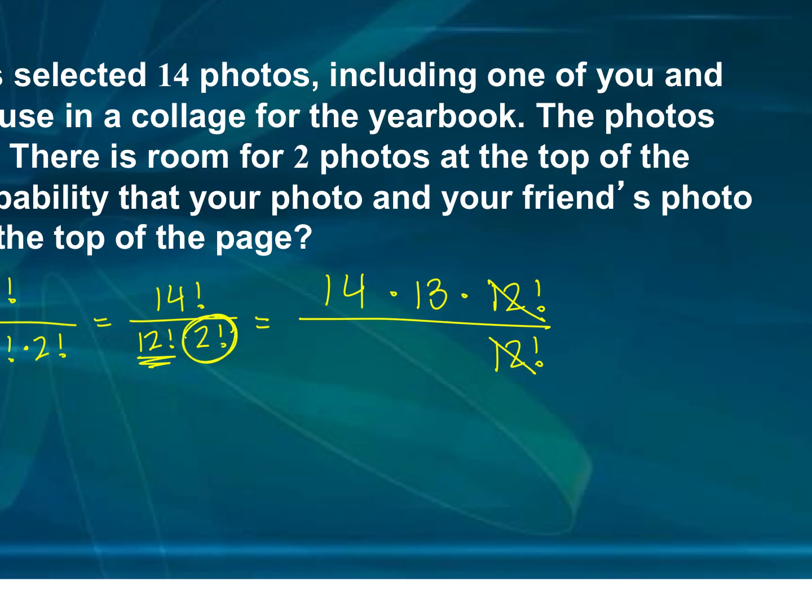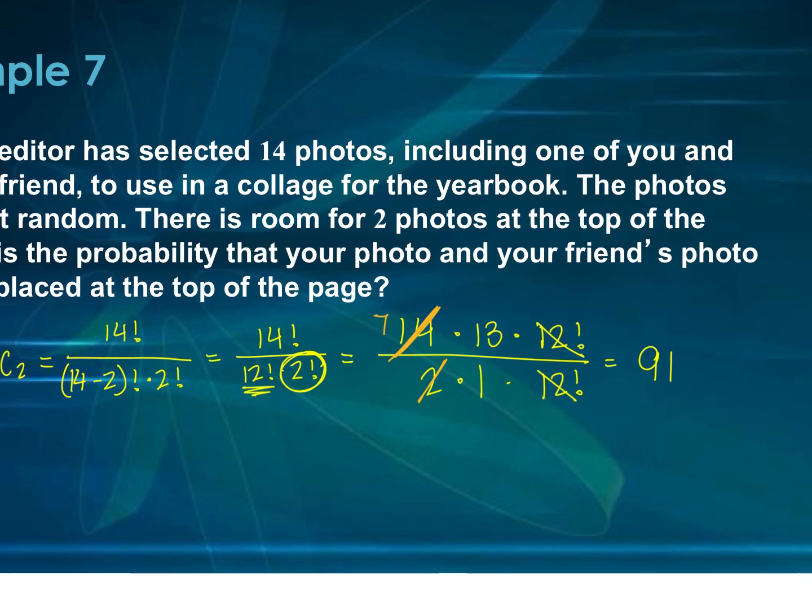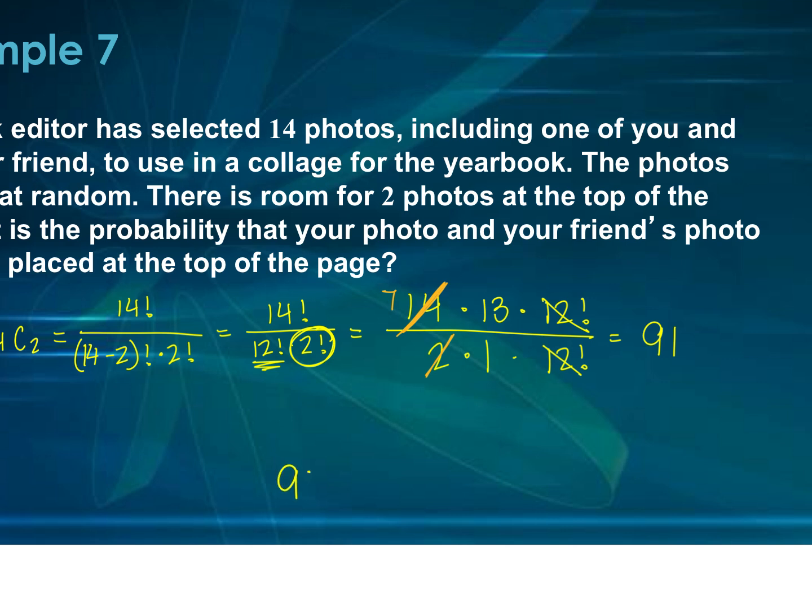And do not forget, you have to take into consideration that 2. Can I simplify anything here? Yes, I can. I can simplify my 14. 2 goes into 14 7 times. All I have is 7 times 13 left over, and that's going to give me 91. So my total outcomes for this question is 91.